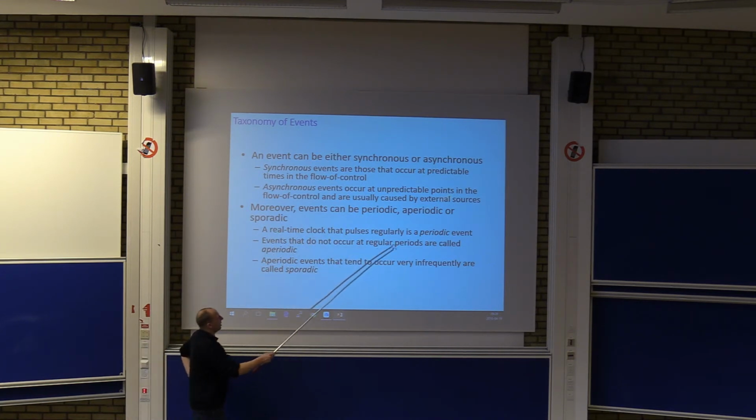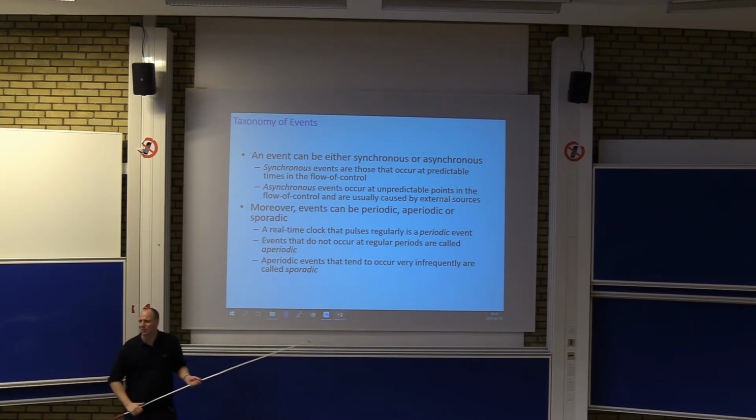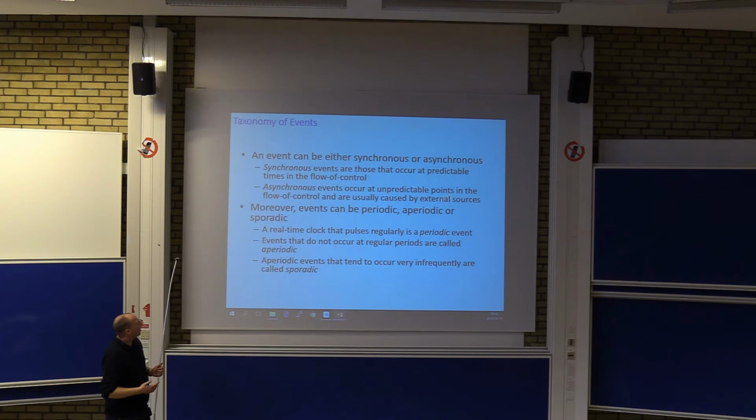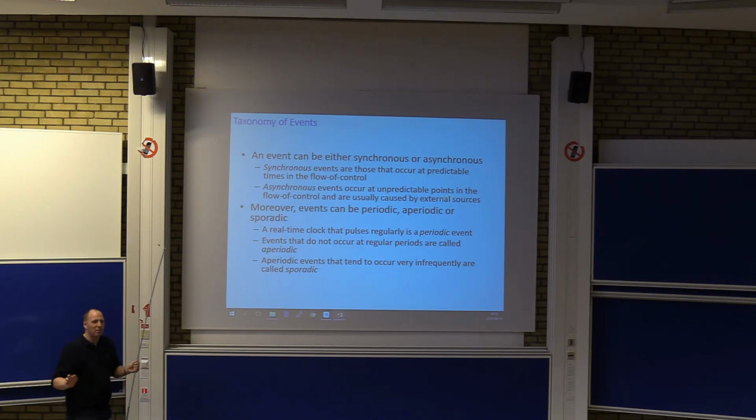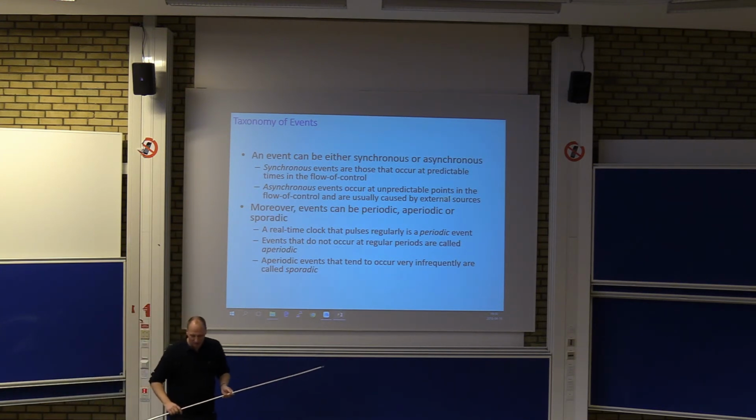The control task, for example, is a typical periodic event. Then we have events that are aperiodic, so they just happen from time to time, but they are still happening sort of regularly. And sporadic events are those that happen very infrequently, like the system breaking down or something like that.